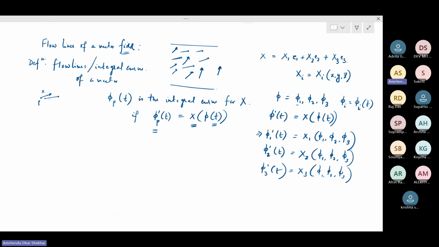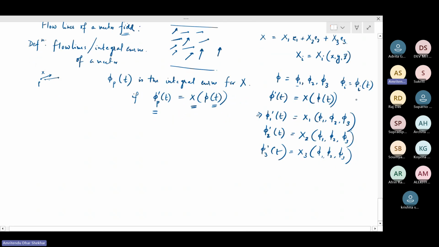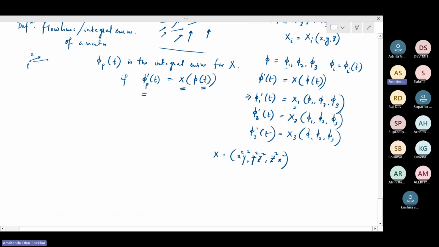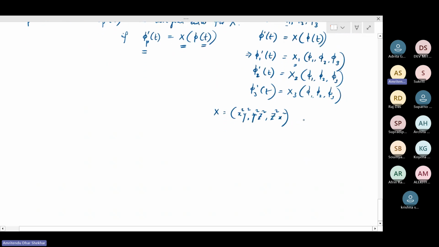These are not necessarily linear ODEs, because for instance, let's say your vector field is something like this. So let's say your vector field is x squared y squared, y squared z squared, and z squared x squared. So then the terms over here would look very odd. So you get phi 1 dot is equal to phi 1 squared phi 2 squared.